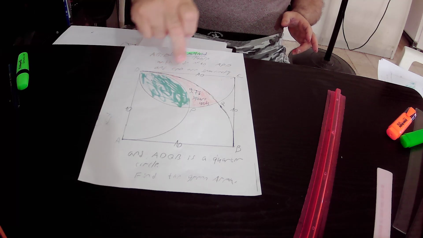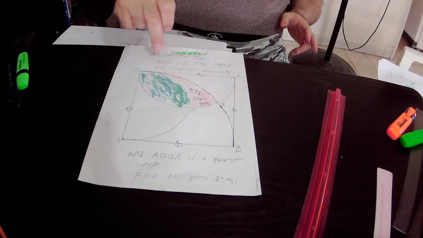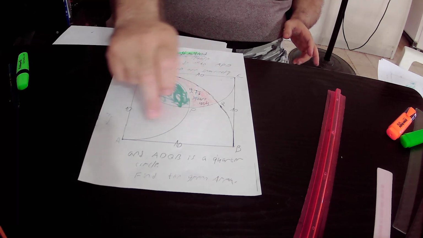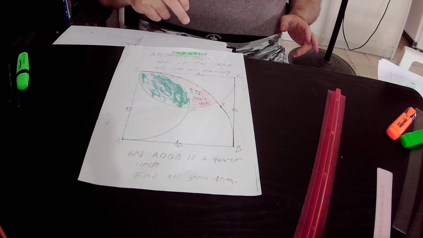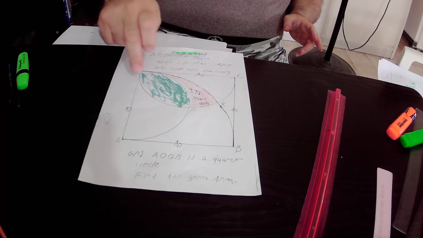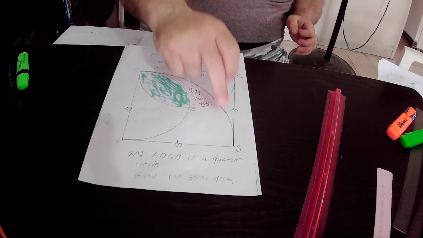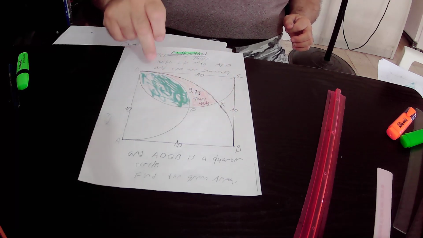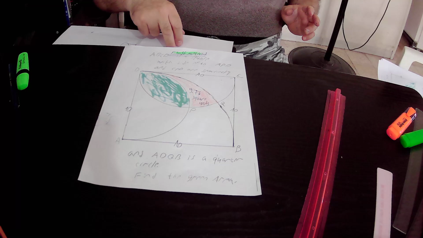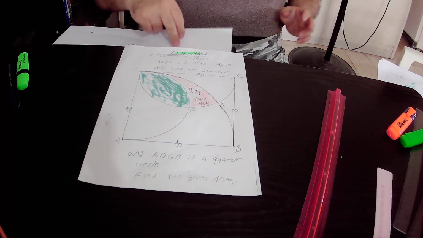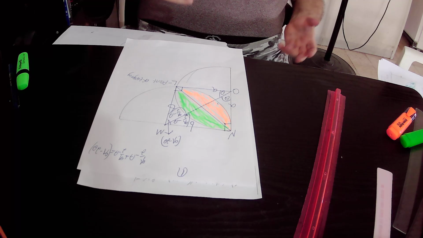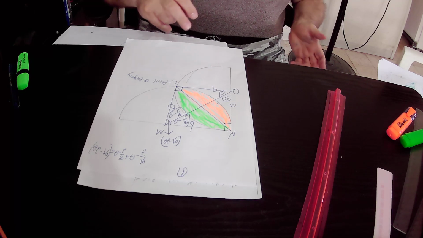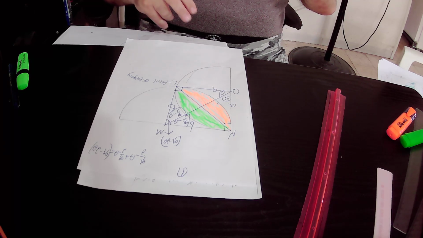Why? Because the blue lens was created by the intersection of those two semicircles that are perpendicular to each other, while the big lens was created by the intersection of the quarter circle with this semicircle at 90 degrees. Okay, therefore the formula that we created is good for the big lens and also for the blue lens.